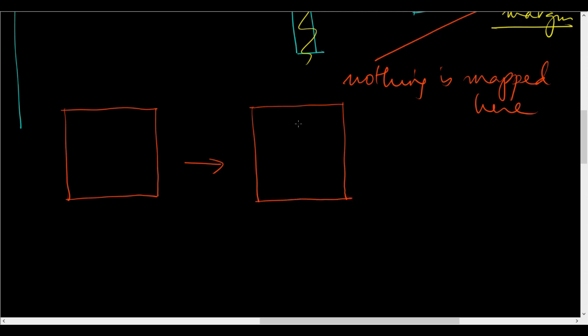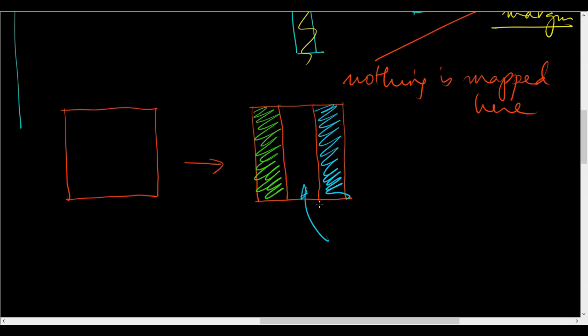is two strips, one here, one here. This one I will mark as green, this one I will mark as blue, this one I will remind you nothing is mapped here. Now, when you look at this part, you will realize that this bottom part is the part that got mapped here. So this is the part that was green, you see.